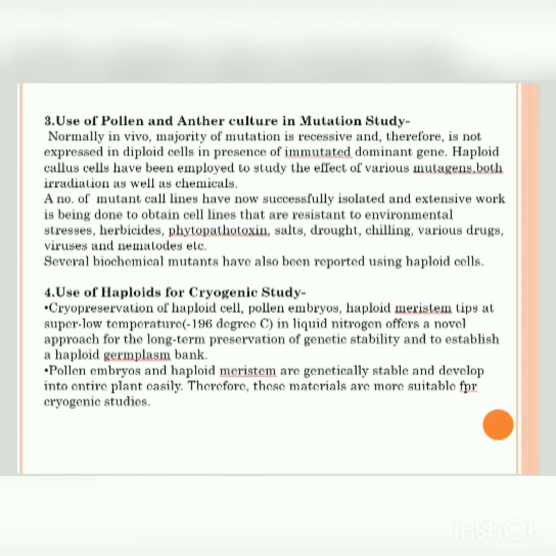So now the third point is, normally in vivo, the majority of mutations are recessive and therefore are not expressed in diploid cells in the presence of the dominant gene.